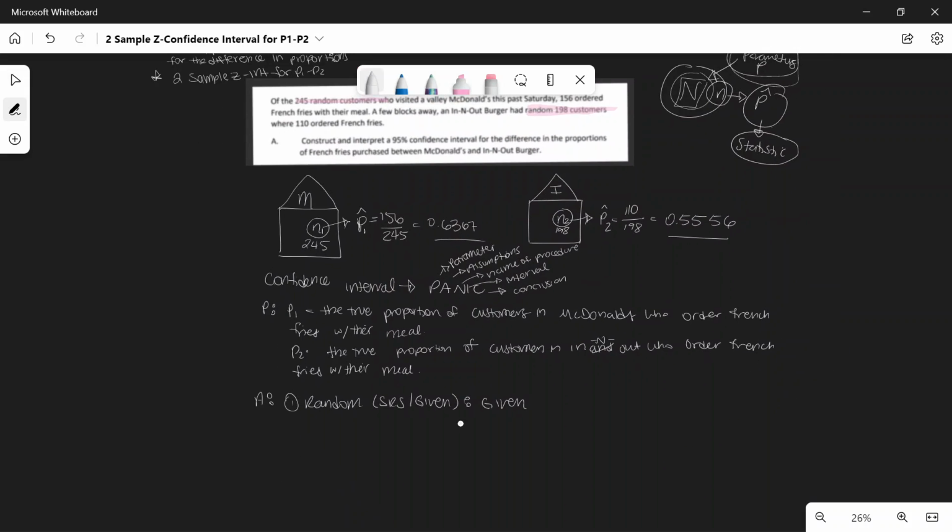So in your FRQ, you want to say this condition is met for both samples, and then I would actually quote it. I would cite where it says it.